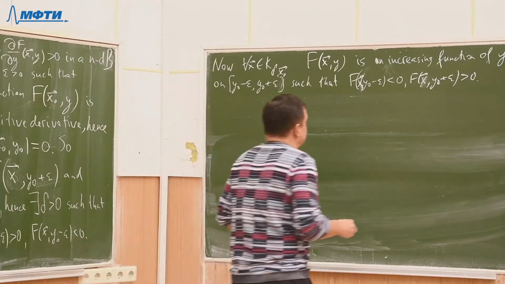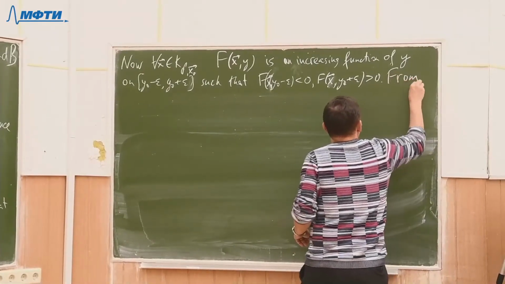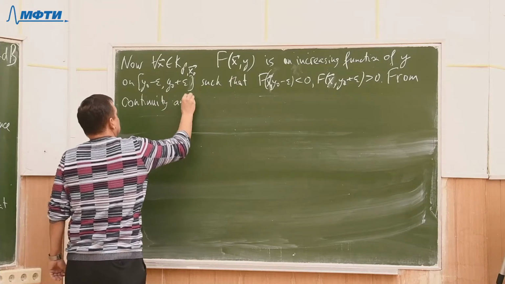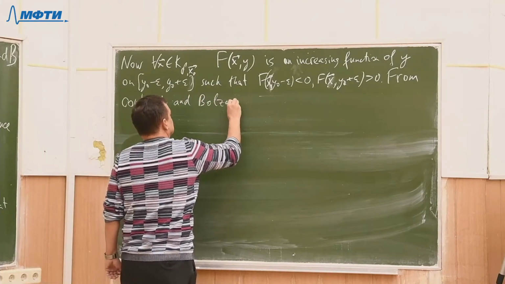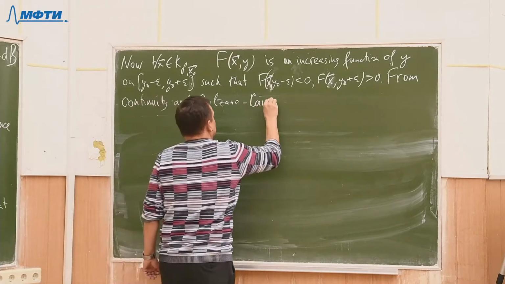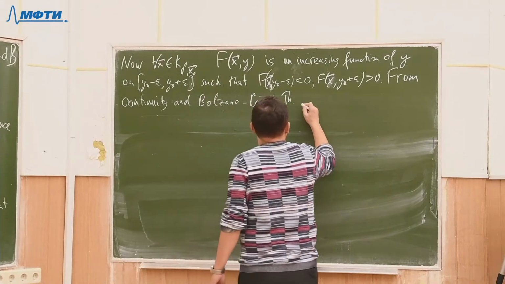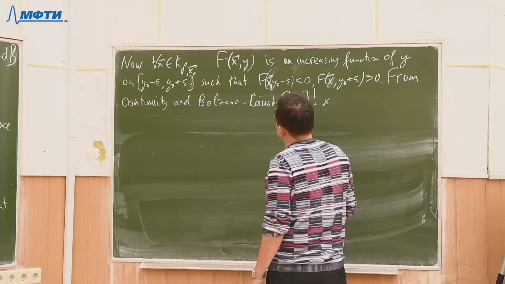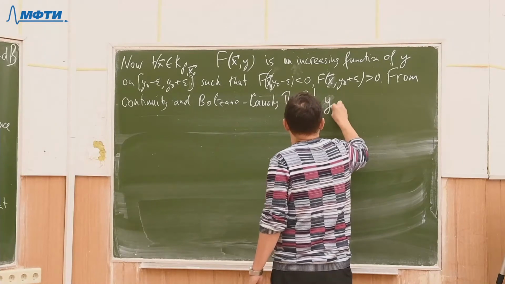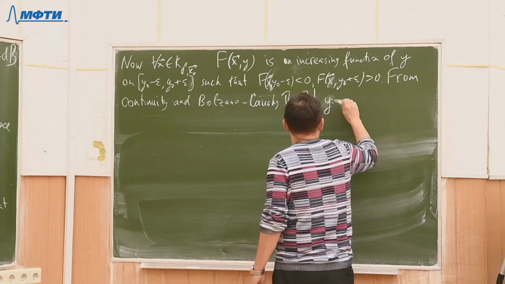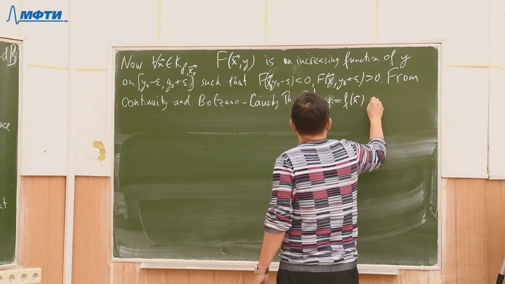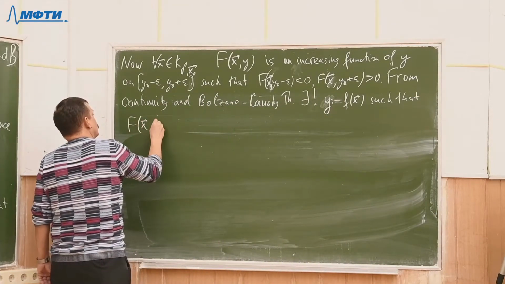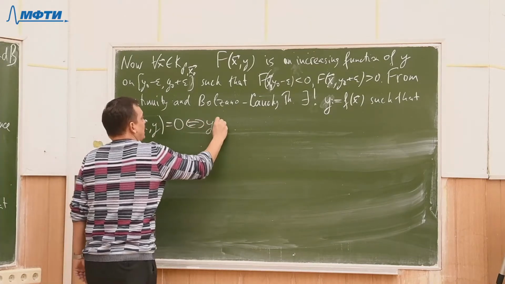So from continuity and the Bolzano-Cauchy theorem, for each x there exists a unique y, which is by definition f of x, such that F of x, y equals 0 is equivalent to y equals f of x.